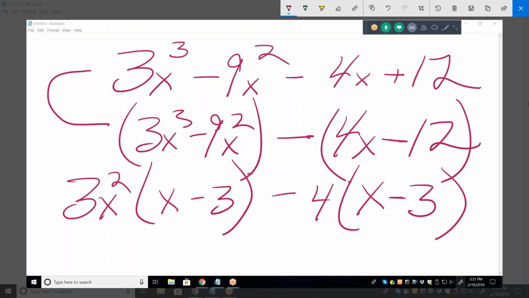Because there's no way they're giving you a problem if these were different. They're just not giving you that problem. In other words, if they give you a problem that says solve by grouping, then you can bet 100% that you're going to be able to solve it by grouping. And yet, if that came out x minus 3 and that came out x plus 3, I'd be stuck.